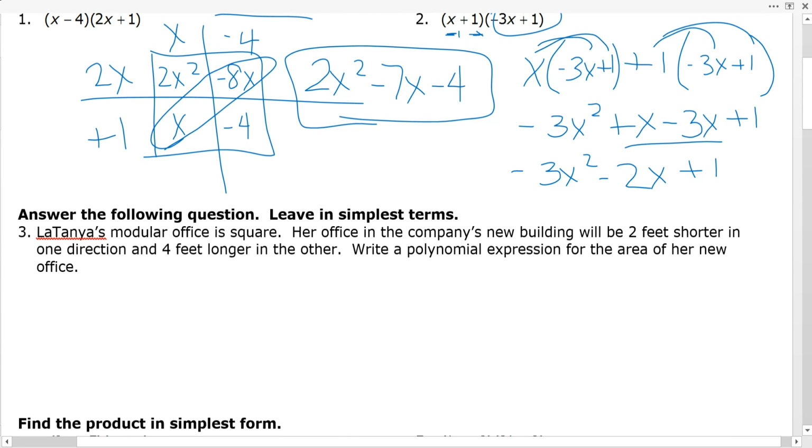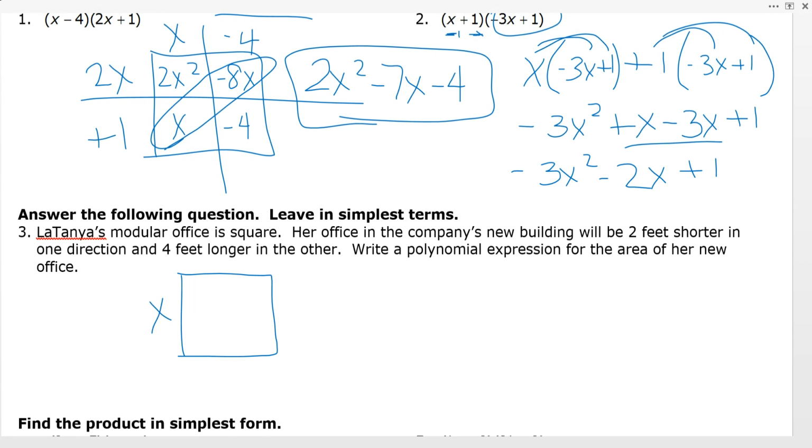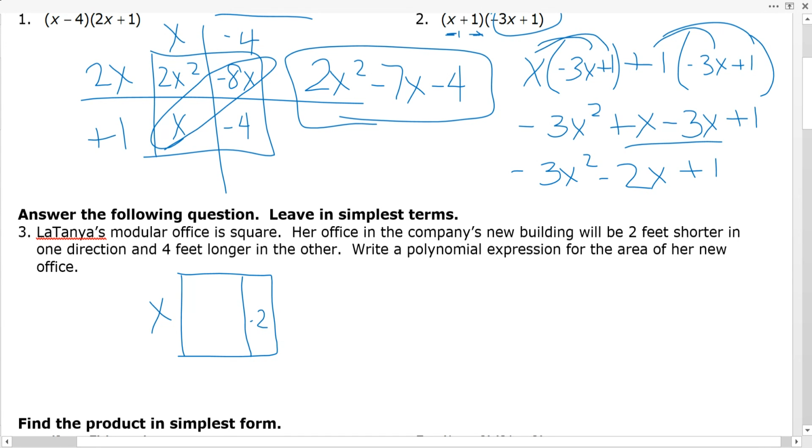Okay, so here's Latanya's office. It's as close to a square as I can get, the side's x. And her new company, her box, her office, which is a box, is going to be 2 less this way, but 4 plus this way. So the length is going to be x minus 2, and the width is going to be x plus 4, or something like that.